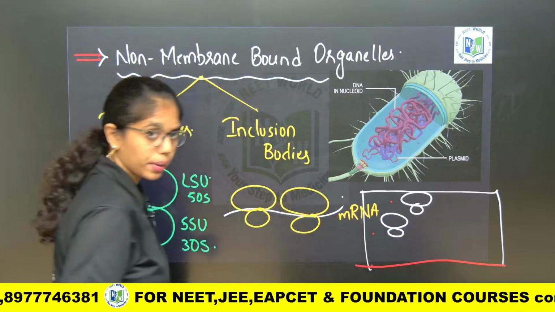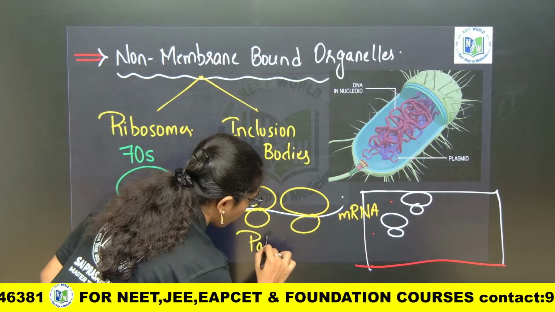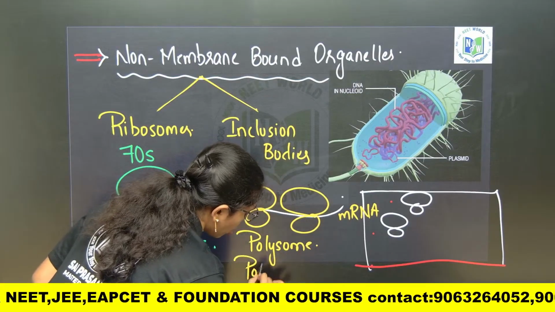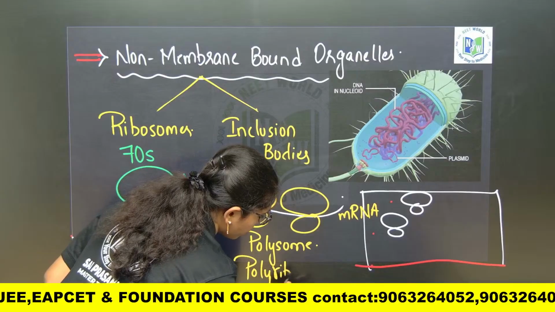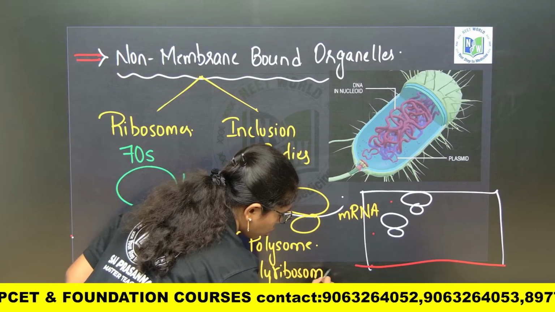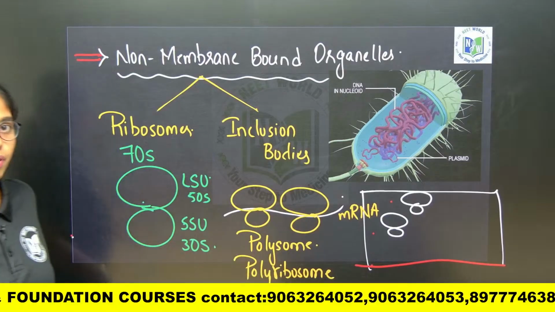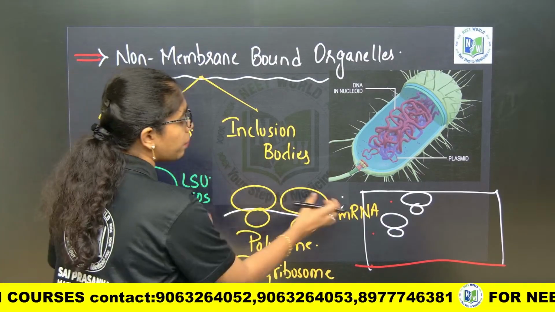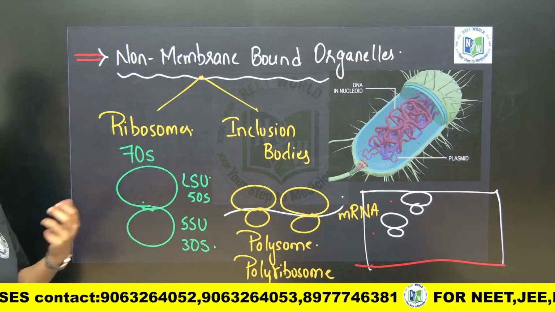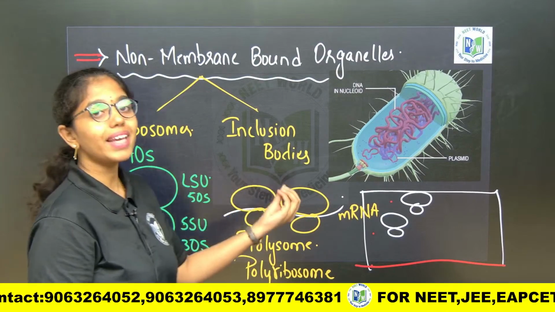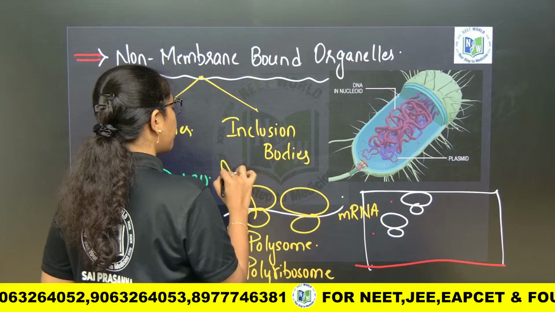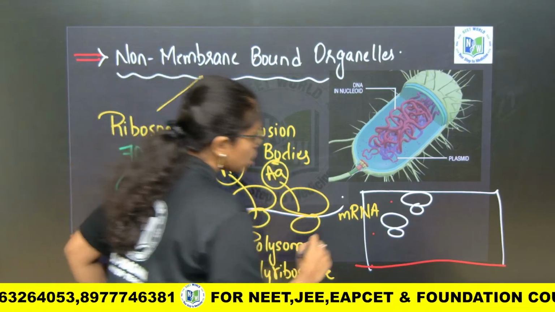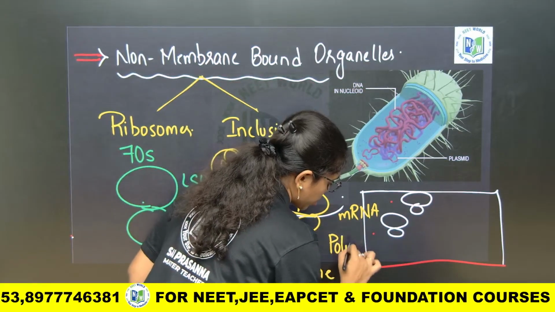This is called a polysome, also called a polyribosome. This single mRNA having multiple ribosomes gives polycistronic expression, that is, multiple protein expression.